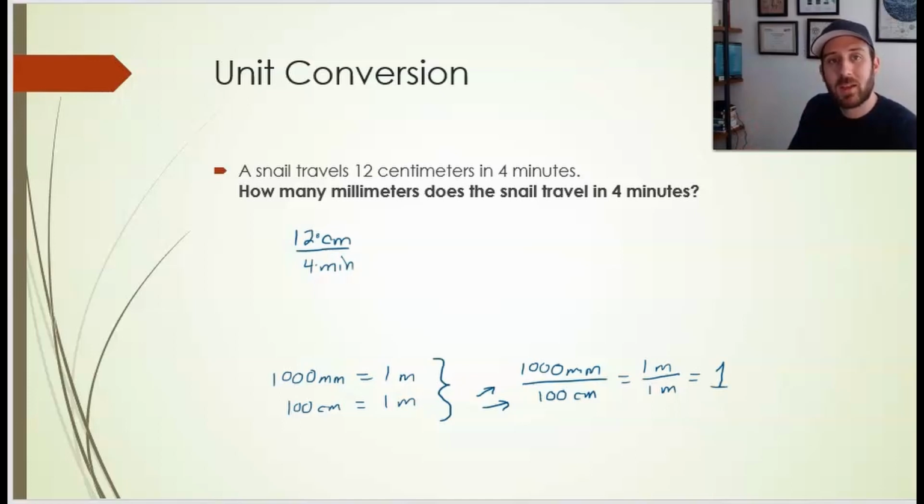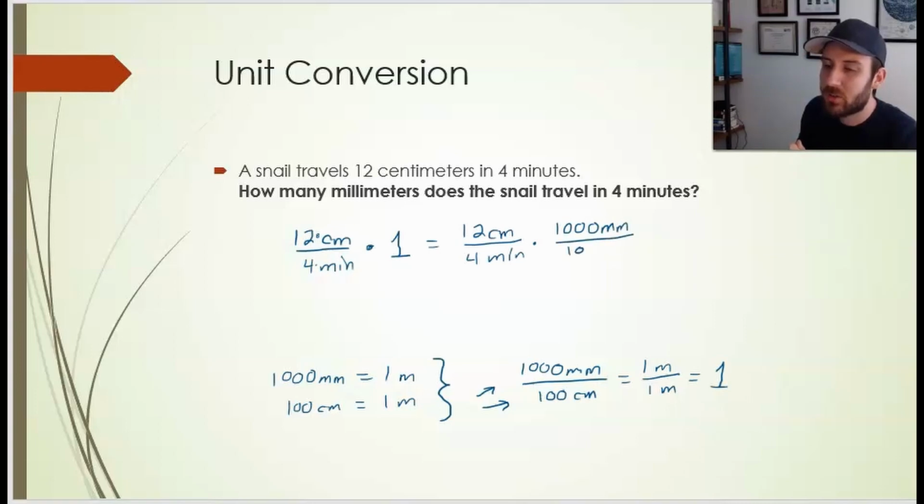would be 1. So a really interesting consequence of this is that I can take this 12 centimeters per 4 minutes, which I know is a truth from the story, and if I'm allowed to always multiply things by 1 because it doesn't change the meaning, then what I can write instead is that 12 centimeters over 4 minutes can be multiplied by 1,000 millimeters divided by 100 centimeters.